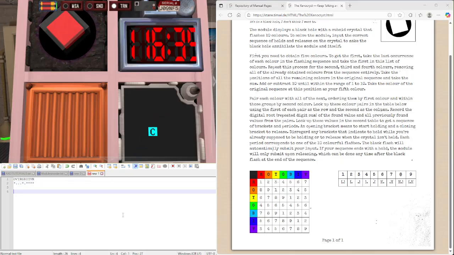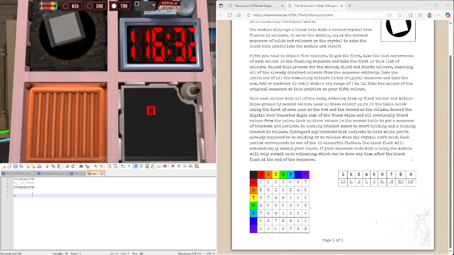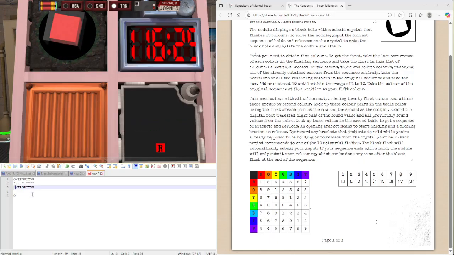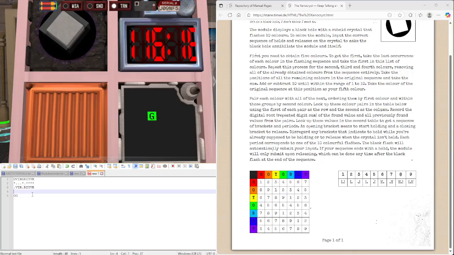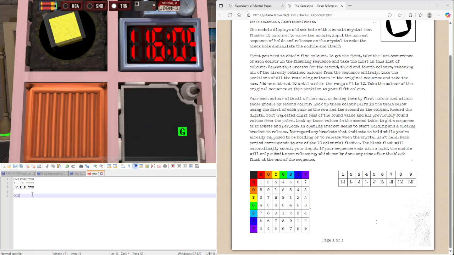I'll take the person that takes the colours. Then it'll be green, indigo, and yellow.